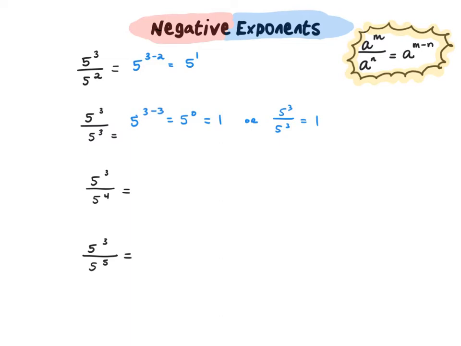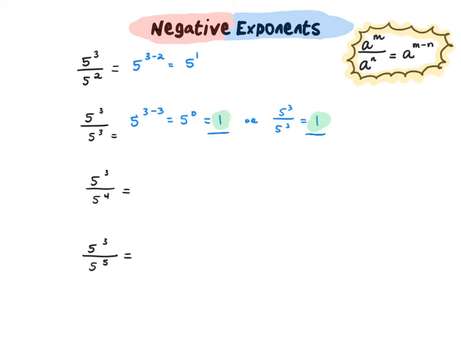So that's a good explanation as to why anything to the 0 is just 1. Because if you consider it to be something divided by itself, it's always 1. And I get the same thing.